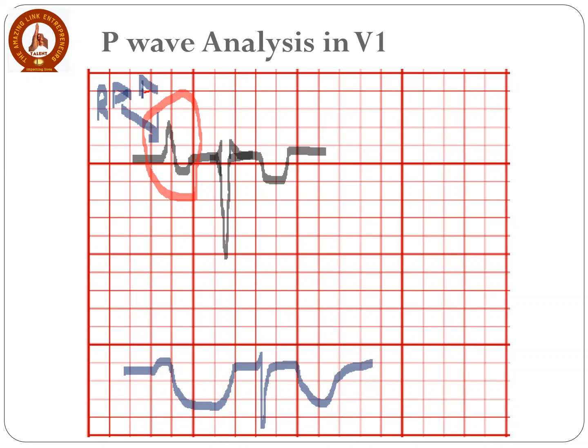But to do justice to this, we need to assess the P terminal force, the Morris index. This P wave is biphasic. So let's look at the P-terminal force assessment. This can be done by determining the x, that is the duration, from here to here.